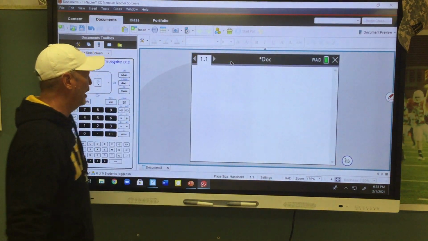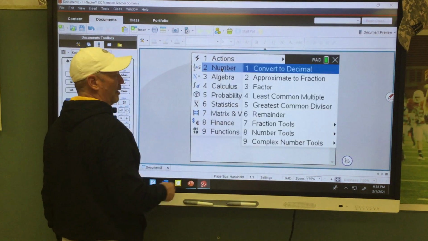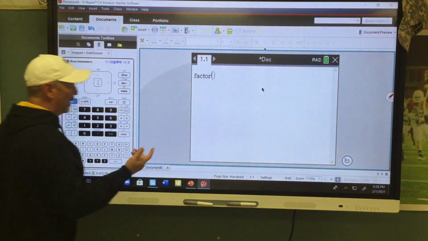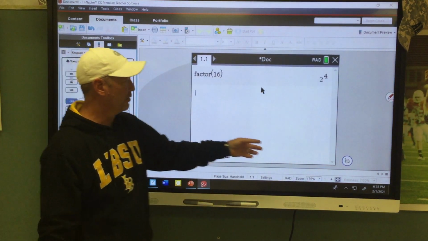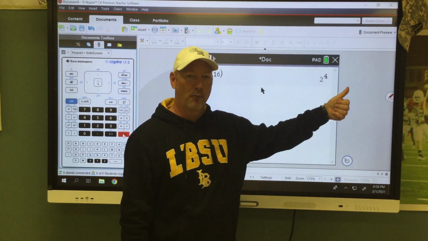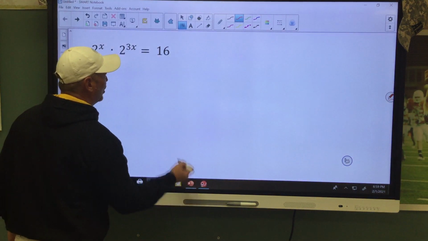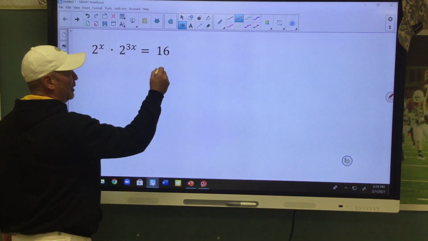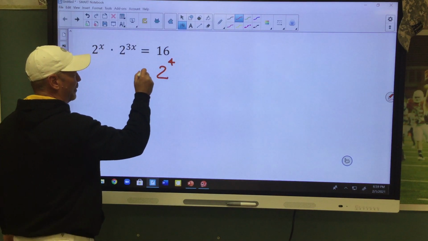We're going to go to calculator, and we're going to say menu, number, factor, and we're going to put in 16. And look at my prime factorization. Yay! 2 is my base, 4 is my exponent. Okay? So we have here 16 can be written as 2 to the 4th power.